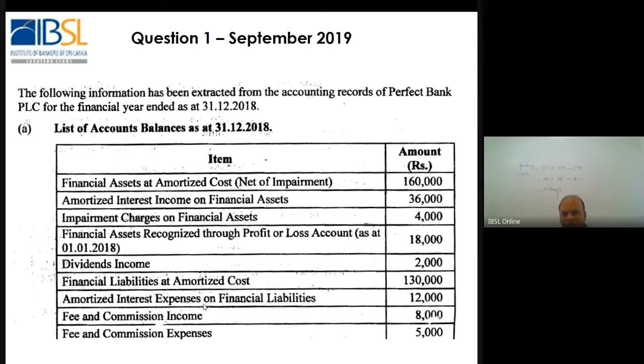Can you remember, under the SLFRS 9 classification, we looked at 3 types of classification. Financial assets at amortized cost, financial assets at fair value. Now, these financial assets at fair value had different components. One is financial assets recognized as fair value through P&L, and financial assets recognized through other comprehensive income.